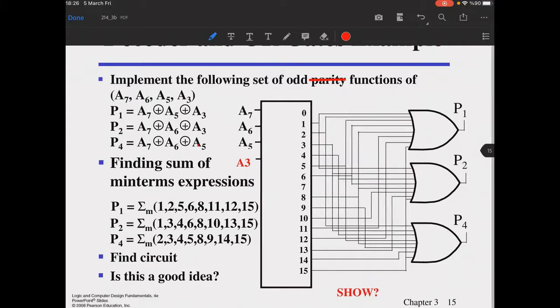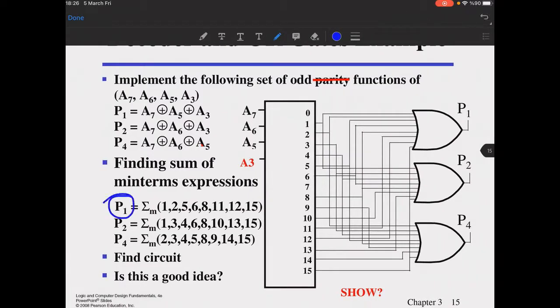For example, your P1: you have 1, 2, 5, 6, 8, 11, 12, and 15 connected together in an OR gate. Those are the cases that give you P1 as 1. You make the sum of minterms here.